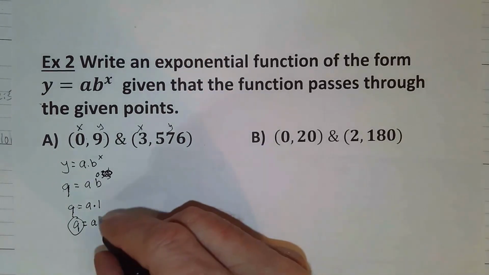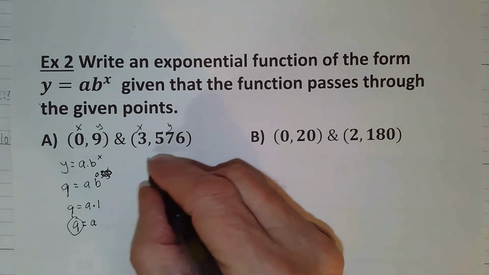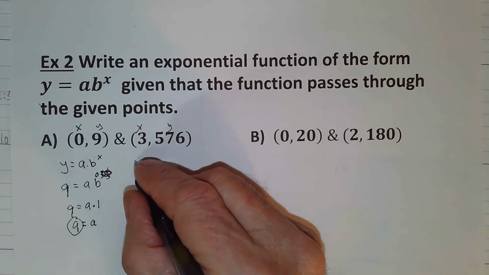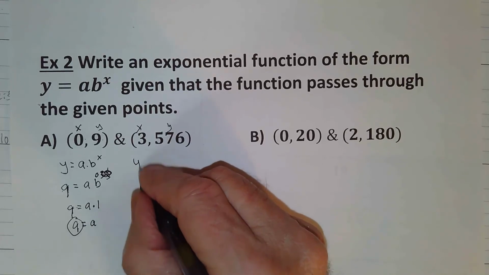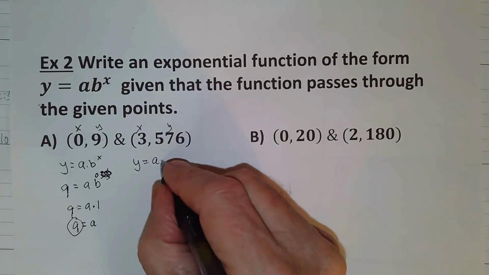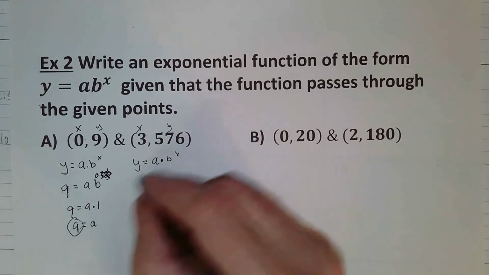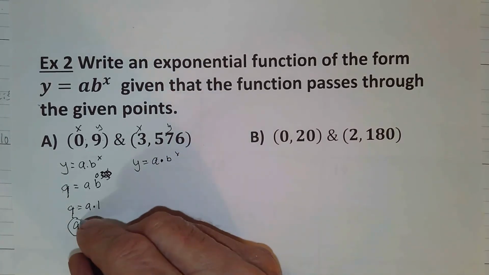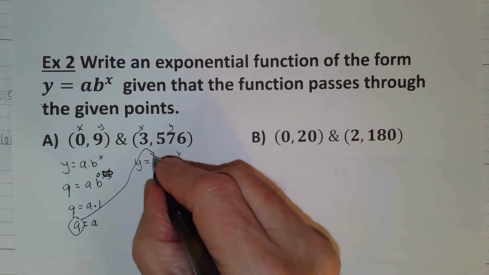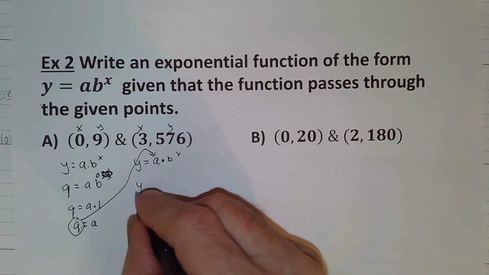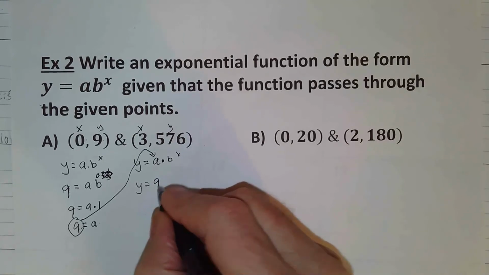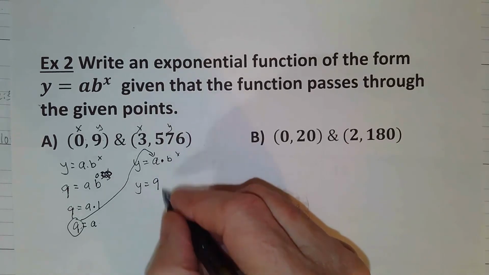Now what we're going to do is substitute it over here. So this is going to be y equals, again, a times b to the x, but we're going to take this 9 and substitute it for this a over here. So it's going to go over here, replace that. So I get y equals 9. Now remember, this is an a, this is a 9.